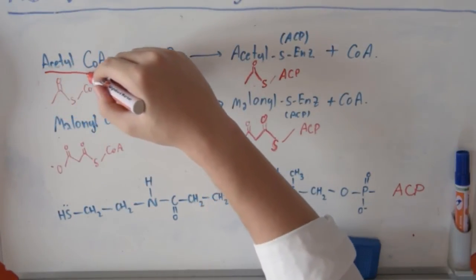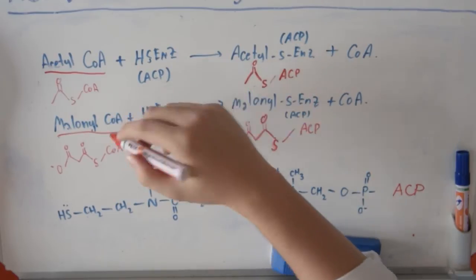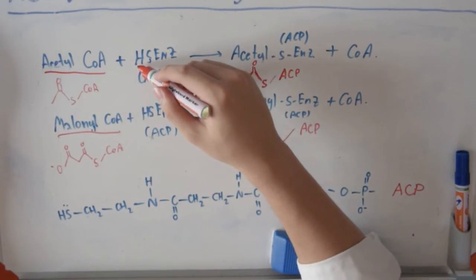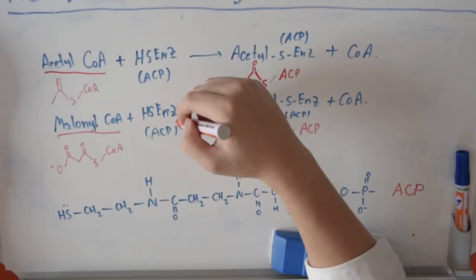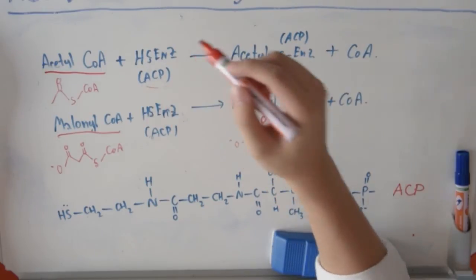The acetyl coenzyme A and malonyl coenzyme A are catalyzed by the HS enzyme, or the ACP.